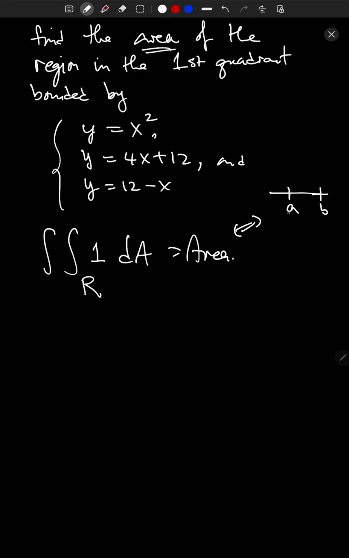And what is that? That would be the integral from a to b of 1 dx, because you'd be looking at everything under a height of 1. And so that area is just b minus a times the height of 1. It's the same idea here. If we have a function whose height is 1, then when we integrate over whatever region, we're going to pop out the area of that region.